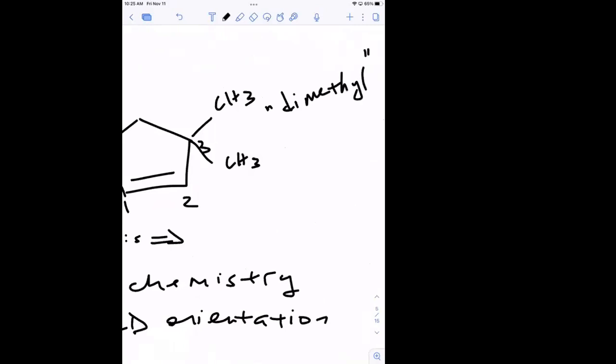Anytime you have 2 of the same or 2 identical substituents, you always use that prefix di. You have 3 identical substituents, you'll use a prefix tri. If you have 4, you'll use tetra. If you have 5, you'll use penta, so on and so forth. Anytime you have an identical substituent, you have to indicate that with a prefix.